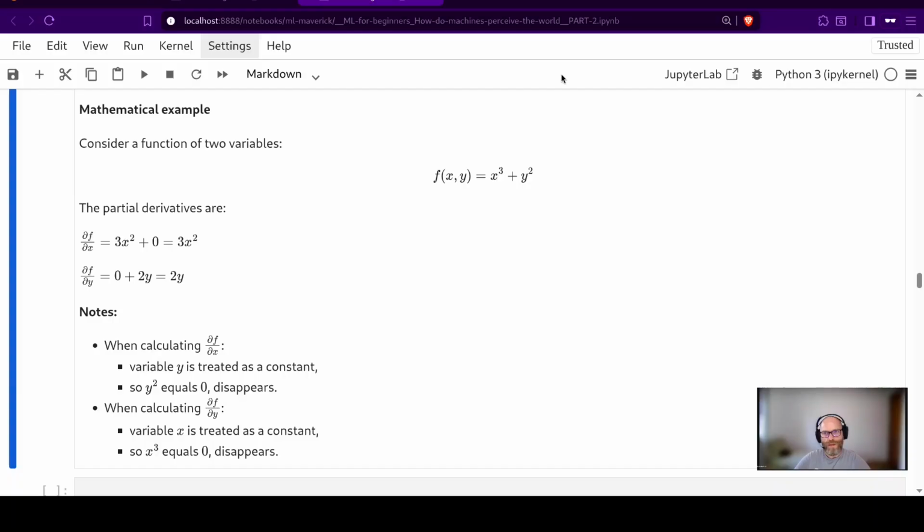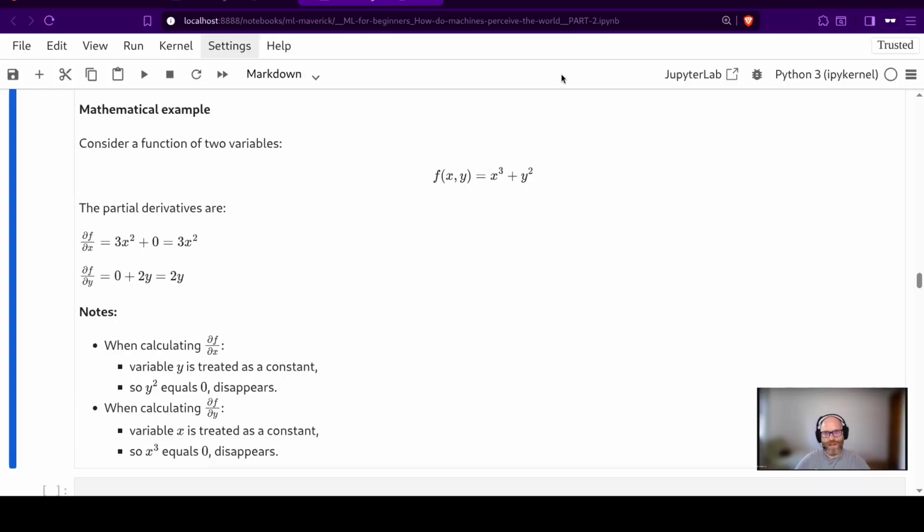Partial derivative of f divided by partial derivative of y equals 0 plus 2y, which is simply 2y. Notes. When calculating partial derivative of f divided by partial derivative of x, variable y is treated as a constant. So y squared simply disappears.